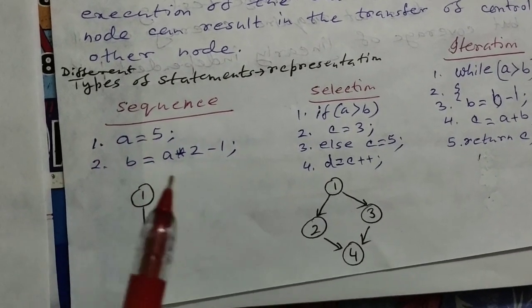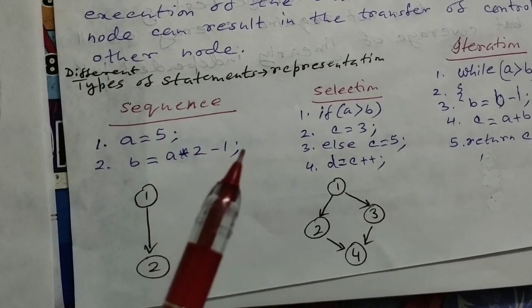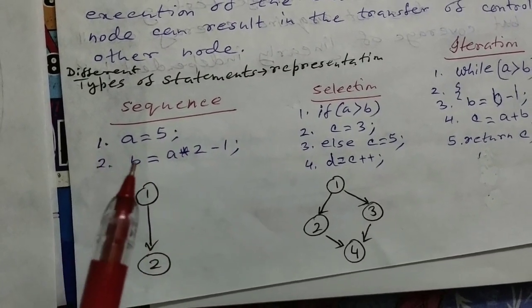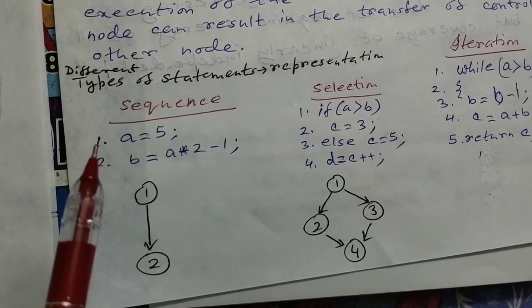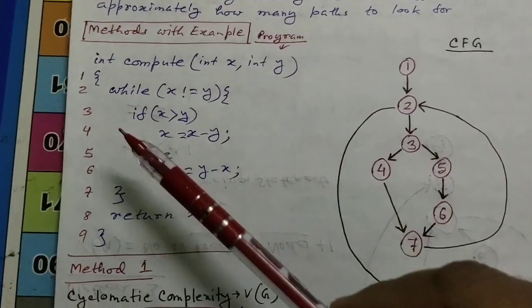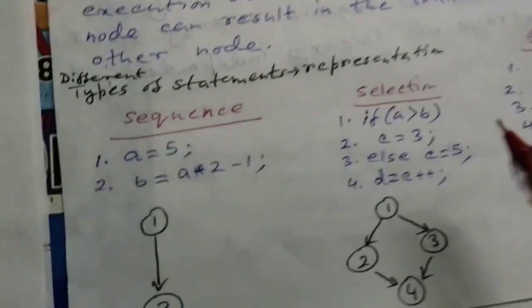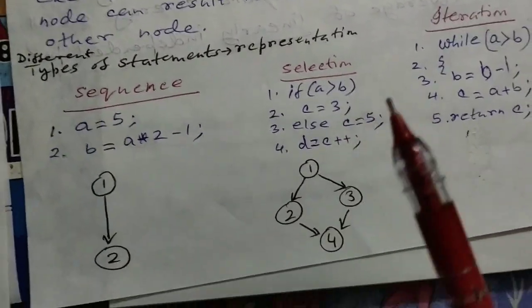Suppose you consider this program segment, a equals 5, b equals a into 2 minus 1. You can see that from 1 it will directly go to 2. So that is a sequence. Like in this section, 1 to 2, 2 to 3, these are sequences.